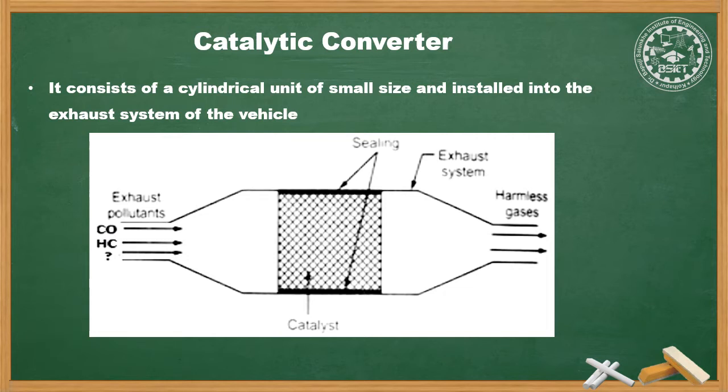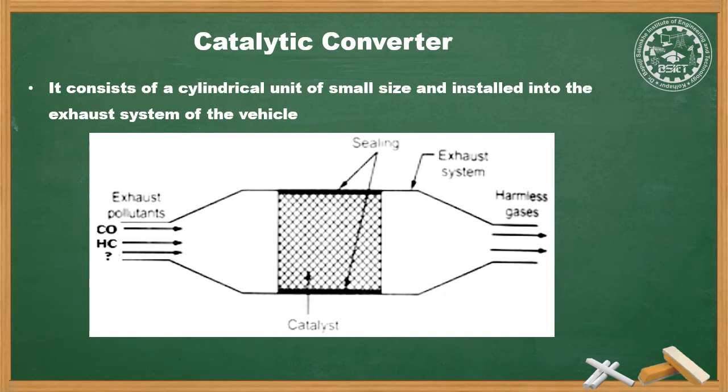Inside the cylindrical tube, as shown in figure, there is a honeycomb-like structure of ceramic or metal which is coated with alumina base material. This coating is porous and increases the surface area, allowing more reaction to take place.